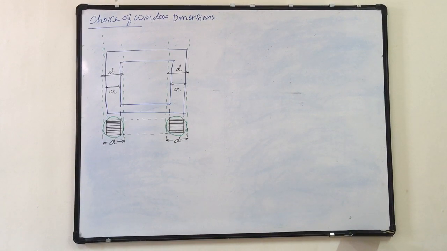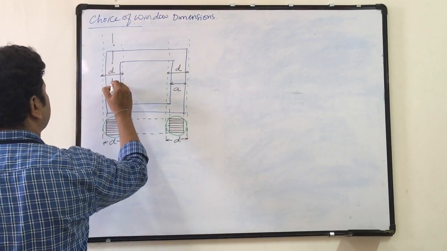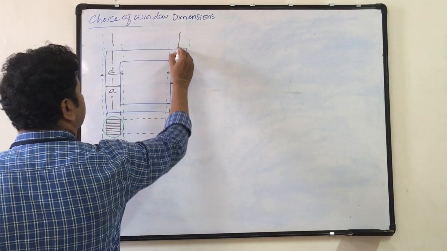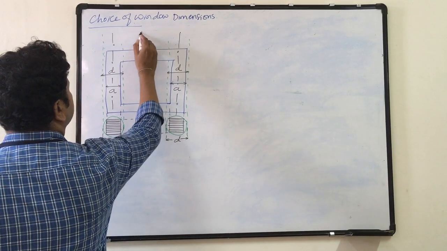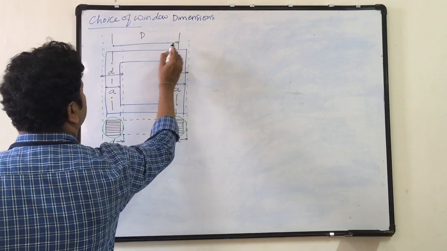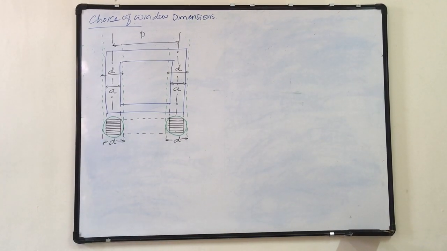And capital D is the distance between core centers. Capital D is the distance between core centers.